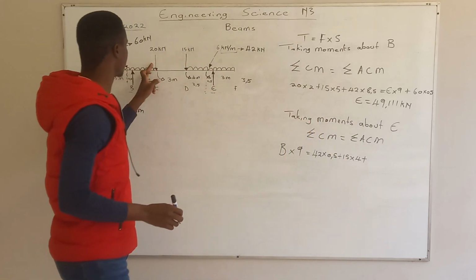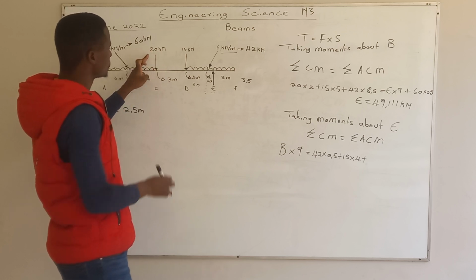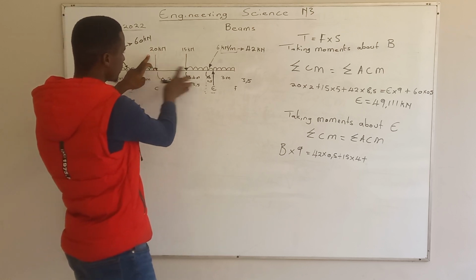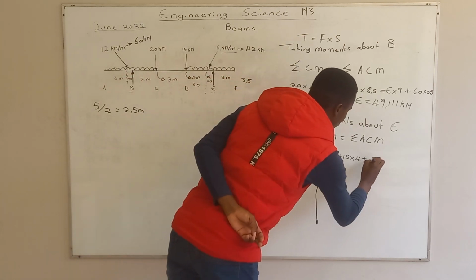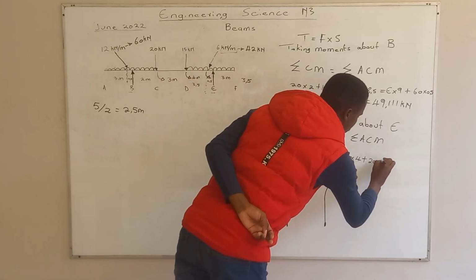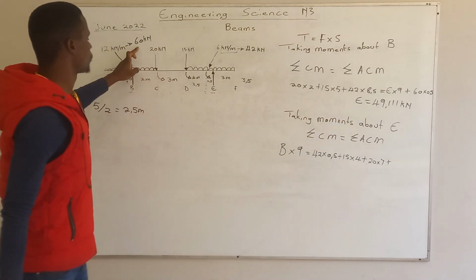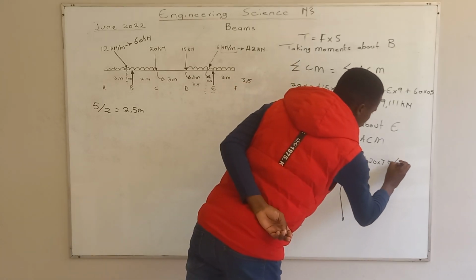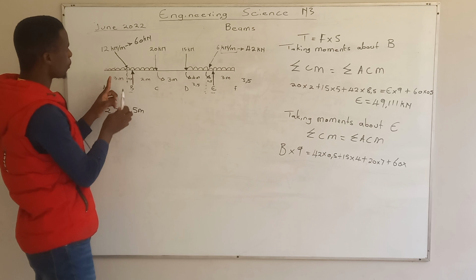Plus, another distance here, we have 20. 20 multiplied by the distance from here up until here is what? We have 3, we have 4. So it means it's 20 multiplied by 7, plus we still have this one, which is our 60.